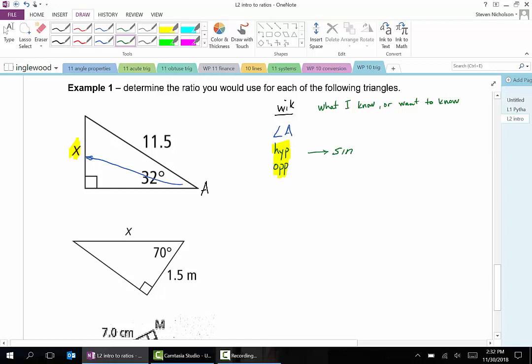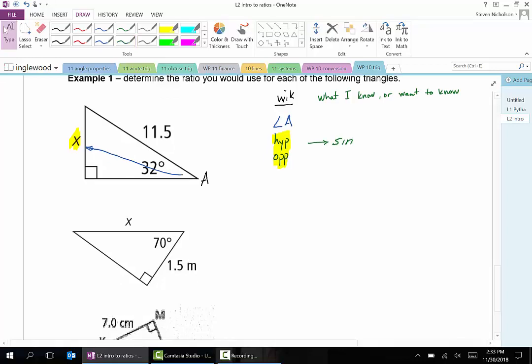The sine of an angle is equal to the side opposite over the hypotenuse. Again, it's just a little formula, so we just need to figure out what parts we have, and then we're going to pick out the right ratio. So this is an example where we would use the sine ratio, and this is what we're going to do next video lesson.